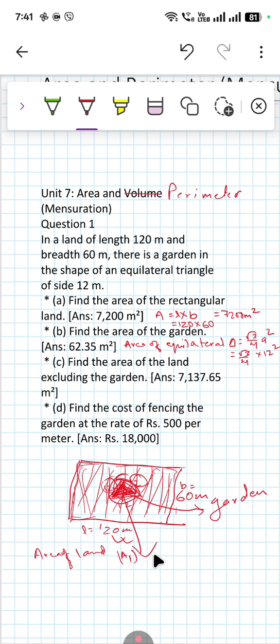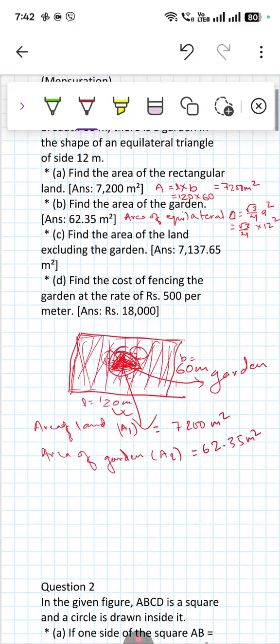That we have found, 7200 square meter. And the area of the garden that we have got over here, A2, is 36 root 3. By using a calculator you can find it, that becomes 62.35 square meter. Then you have to find the area of the land excluding, leaving the garden.